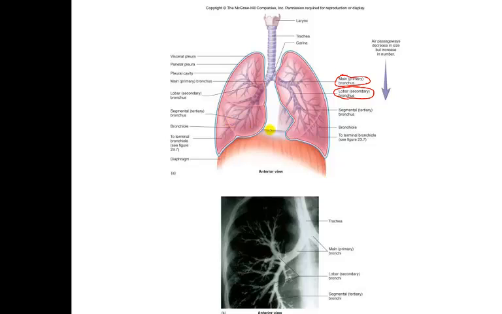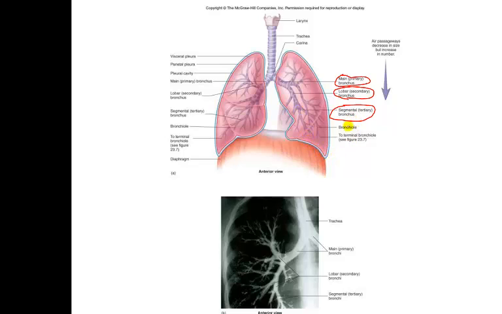Okay, so these segmental bronchi are the last ones that are specifically given a name, but there are many more branches. I think there's something like 100 branches from trachea down to the very last branch typically.